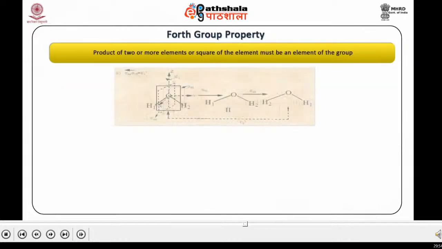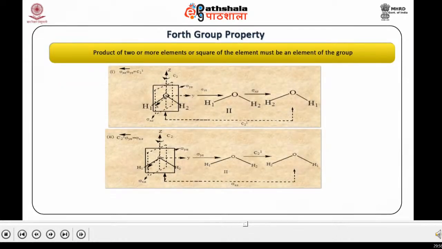The fourth property says that product of two or more elements or square of the element must be an element of the group.